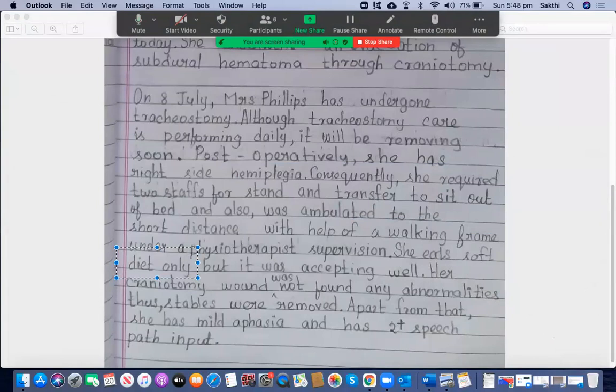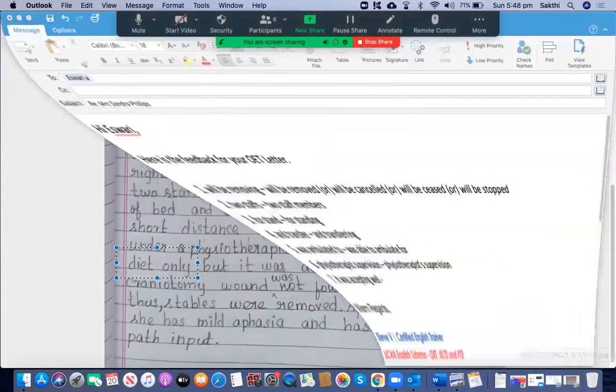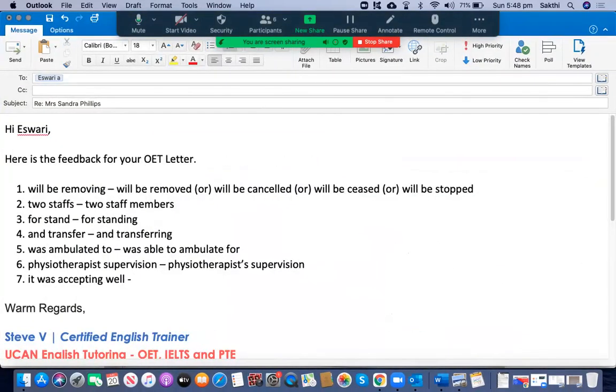It was, but it wasn't accepting well. The whole sentence is not correct. She eats soft diet only, or bland diet, whatever it is here. But it was accepting well. This whole sentence needs to be rewritten. You can say she is comfortable with the light diet.